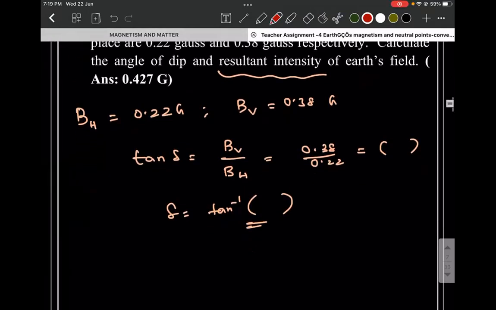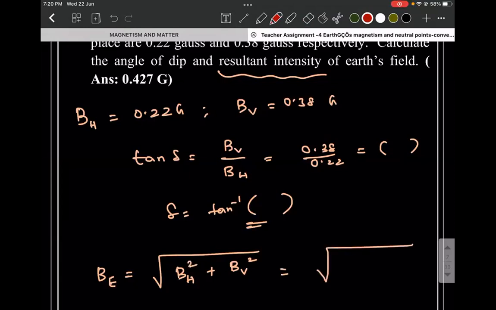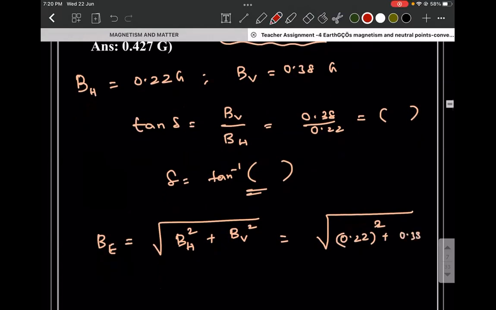So what is the relation between Earth's magnetic field and BH and BV? Root of BH square plus BV square, correct? Is this right? Yes, sir. So you know the values, just take them and substitute it. 0.22 square plus 0.38 square. That's it.